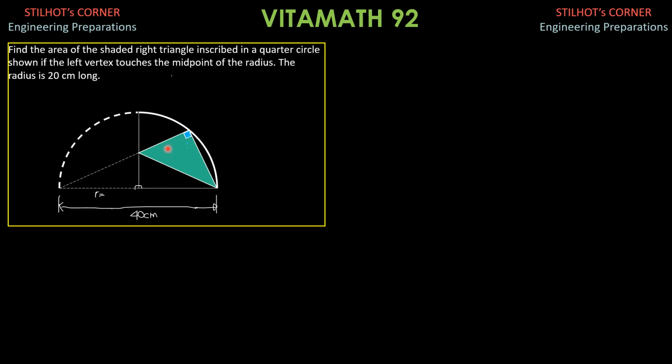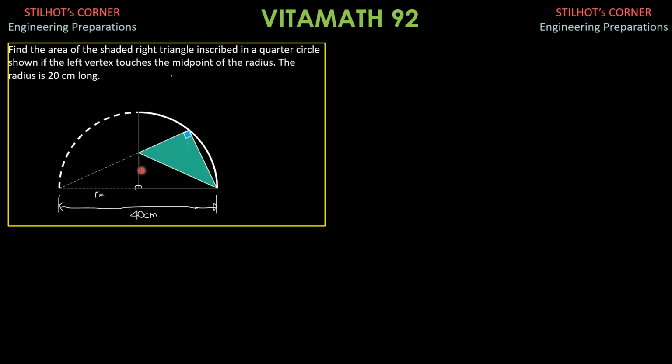Therefore, the shaded area, this green region of this right triangle, is equal to the area of this big right triangle, which is 1/2 times 40 times the height, minus the area of the unshaded part of the triangle, 1/2 of 40, the diameter, times r over 2, which is 10. So the problem is the height.